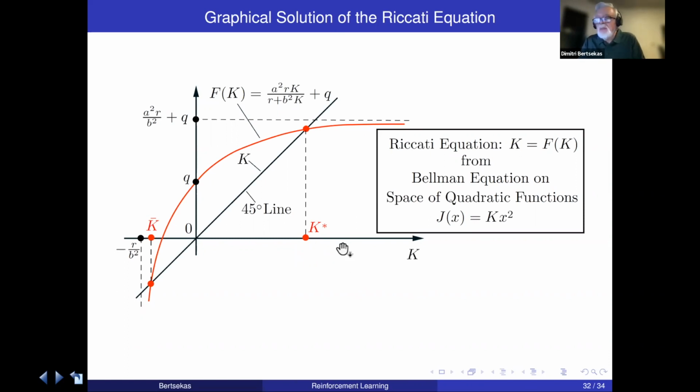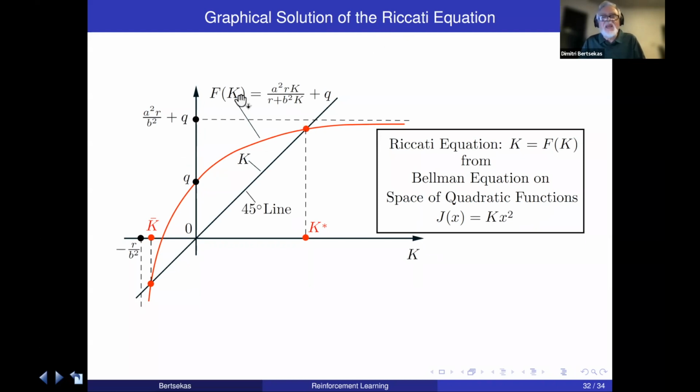Now, how does this relate to Bellman's equation? Well, you can view the Riccati equation as the restriction of Bellman's equation in the space of quadratic functions. The Bellman equation is defined over a very, very broad class of functions. Every function is potentially a solution. But if we focus attention on the quadratic functions, then we obtain the Riccati equation.